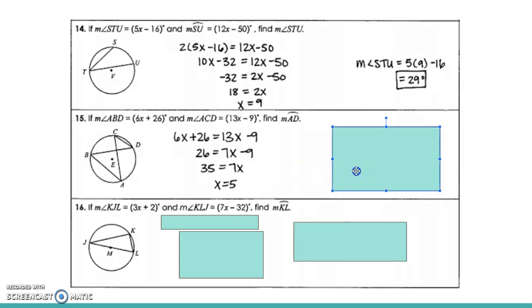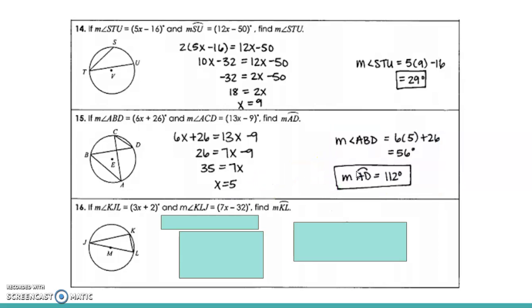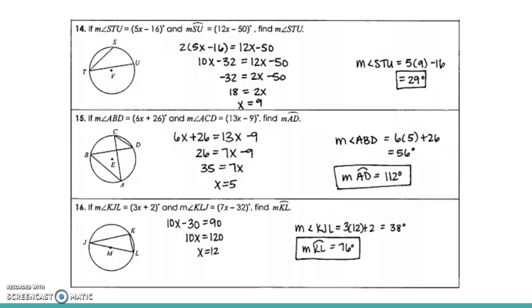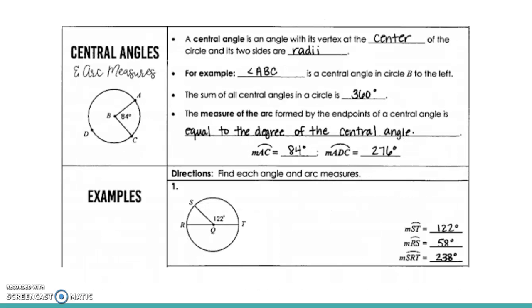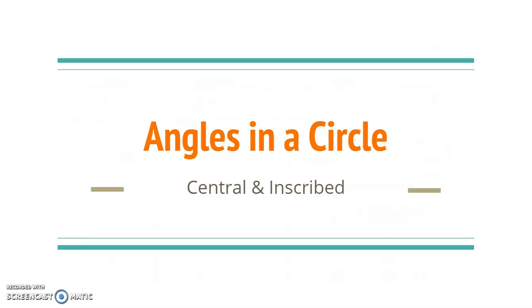So in this case, I'm just going to use angle ABD. When I do that, I find that the measure of angle ABD is 56 degrees. So again, that means that ACD is also 56. When we do that, we find that the measure of AD is 112 because we're doubling it. So that's using our inscribed angles and our central angles when we're looking at measures in circles.